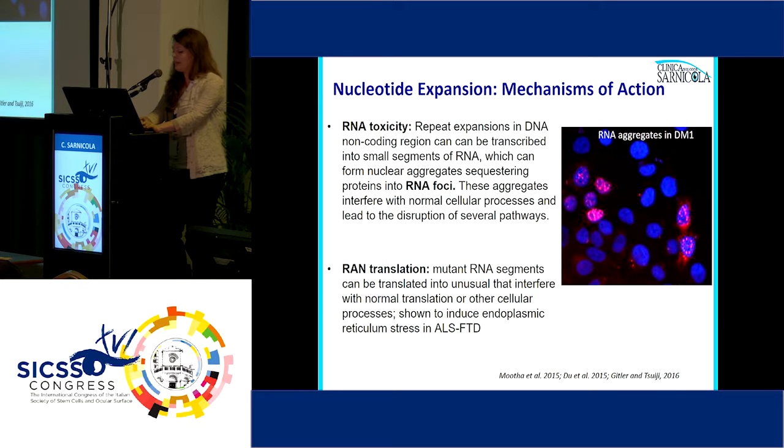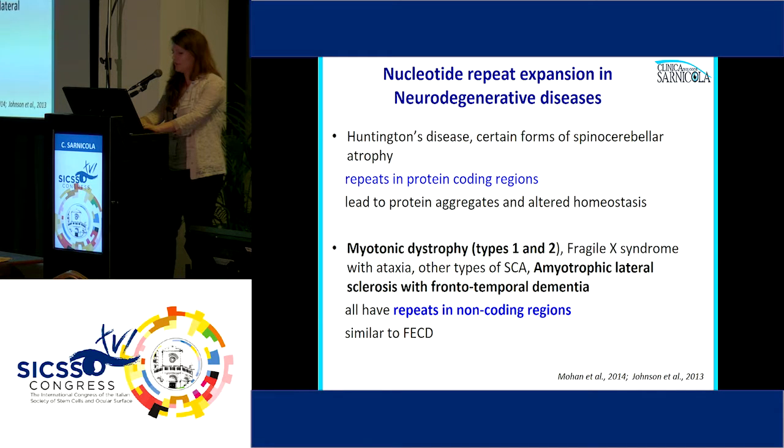But as far as the second part is concerned, the RNA peptides are produced by mutant RNA sequences that accumulate in the endoplasmic reticulum, and this causes the death of cells. They haven't been identified in Fuchs dystrophy, but in other diseases having the same mutations.